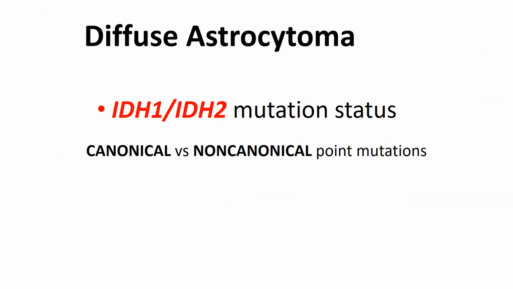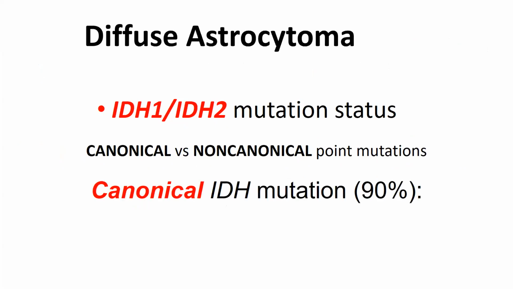All right, I think we need to do a brief review of diffuse astrocytoma, IDH1 and IDH2 mutation status. We talk about, as Dr. Harb mentioned, canonical versus non-canonical point mutations. Canonical IDH mutation, IDH1 R132H, accounts for 90% of all IDH1 mutations in diffuse gliomas.